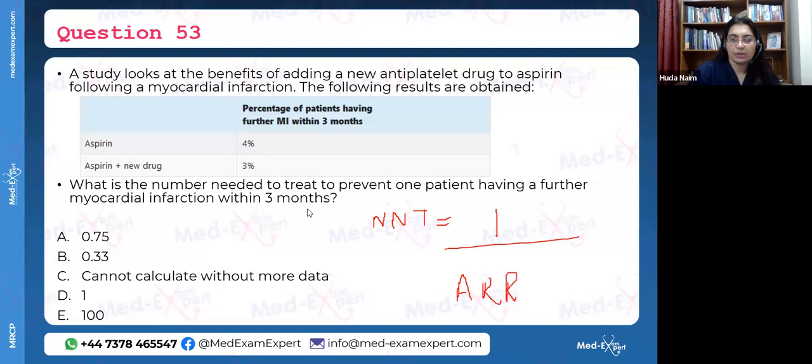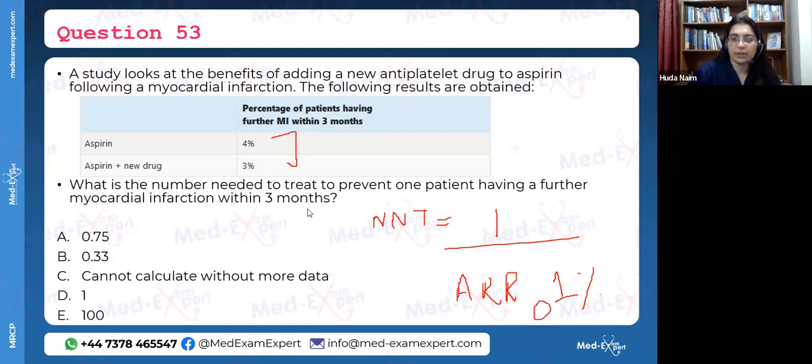Okay. So what is the risk reduction here? What was the risk first and what was the risk later on? So the risk reduction here was 1%, right? So what is 1% in decimals?